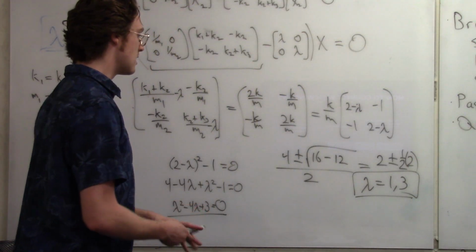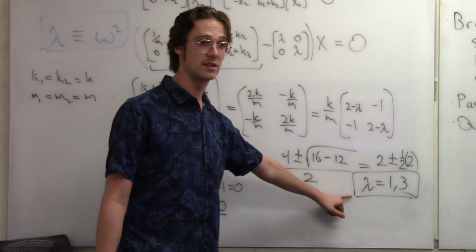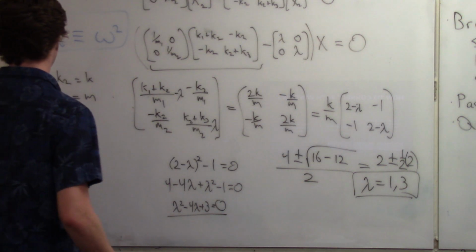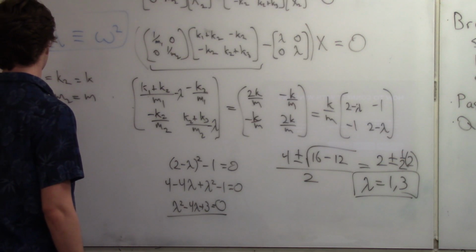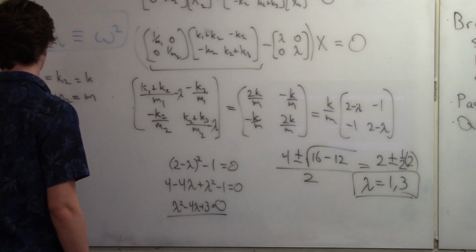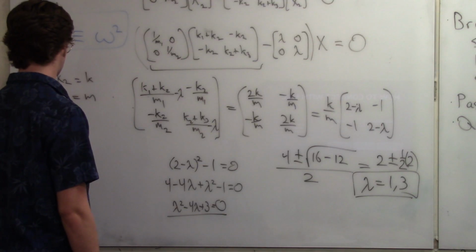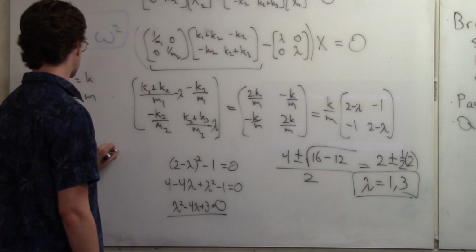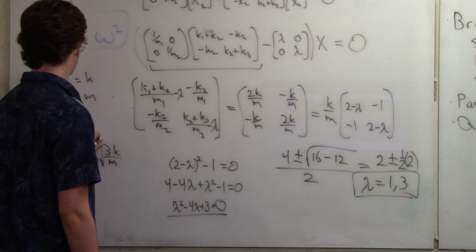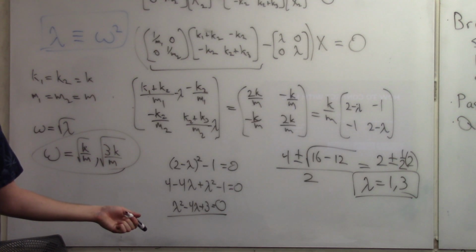So, if our eigenvalues are equal to 1 and 3, we can solve for the frequencies of this system, where omega is equal to the square root of our eigenvalues. Therefore, our omega is going to be equal to the square root of k over m and the square root of 3k over m. That's how we solve for the natural frequencies of the system.